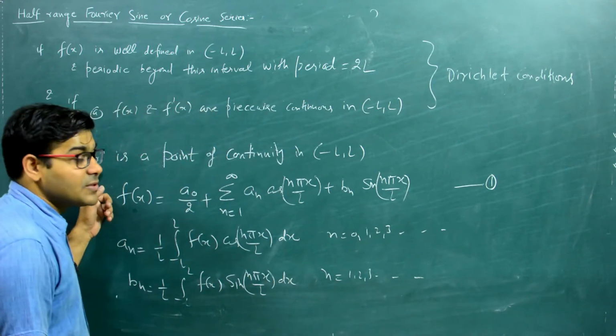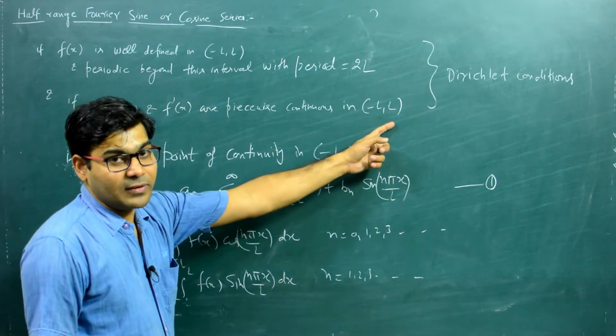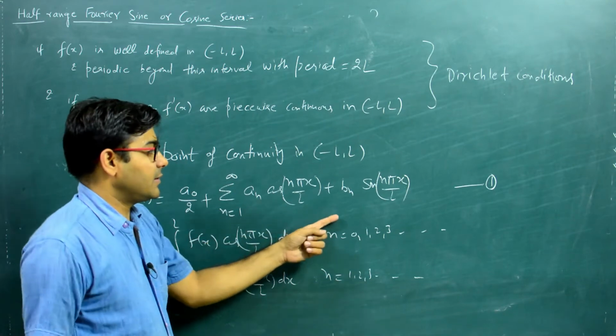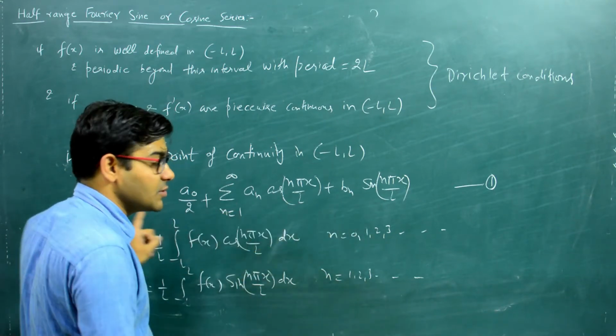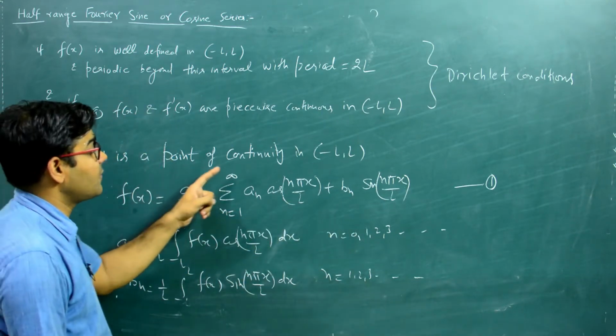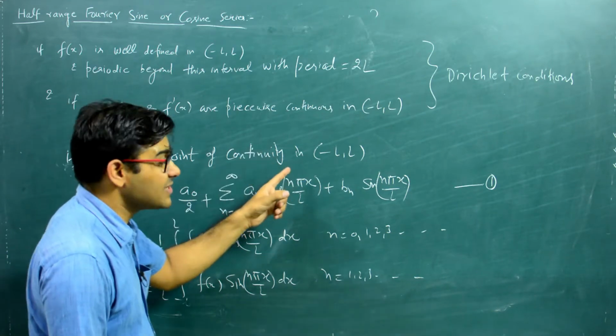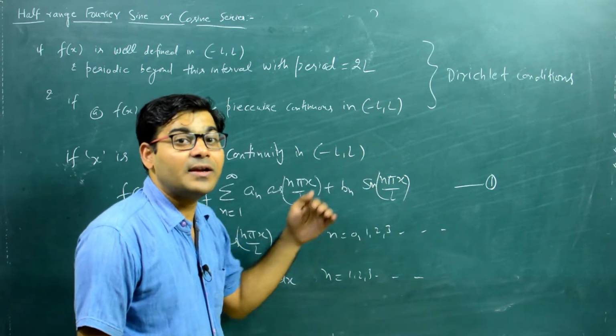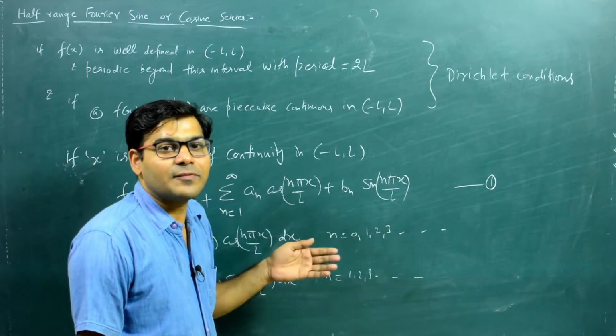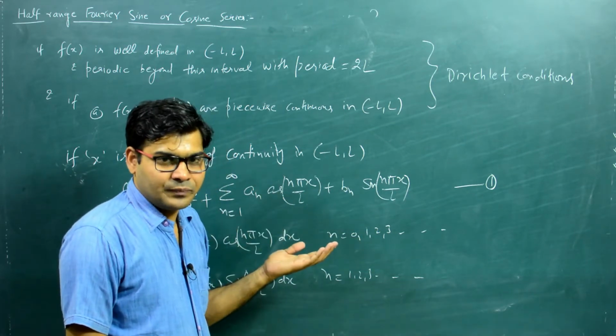If x happens to be a point of continuity in this interval for f(x), then this series on the right hand side converges to f(x). If it is a point of discontinuity, because we have just discussed in the piecewise continuous function, we may find points where the function f(x) and f'(x) is not continuous.